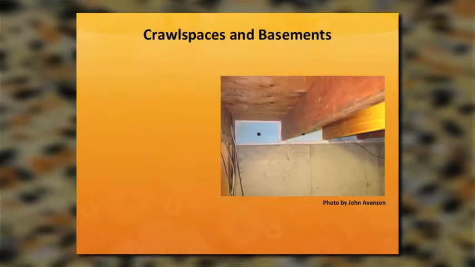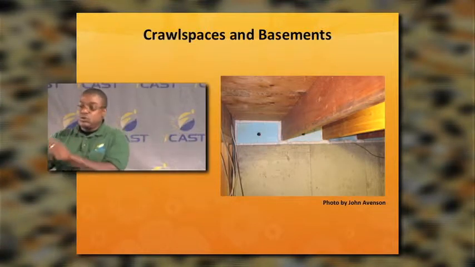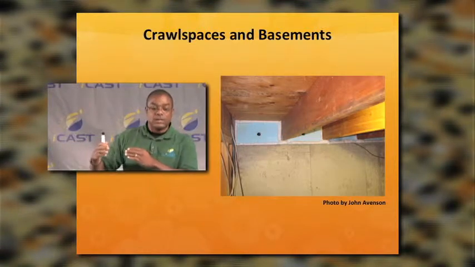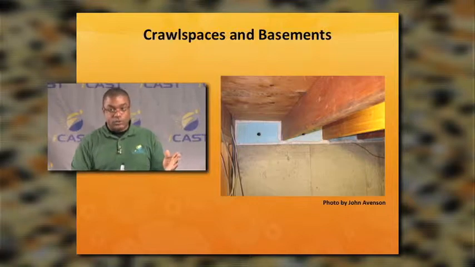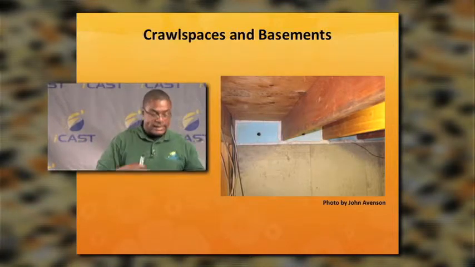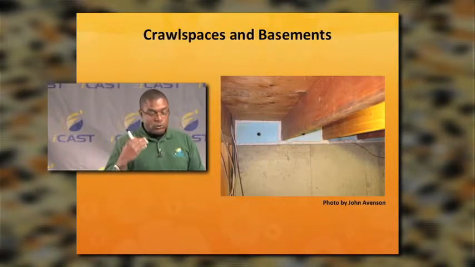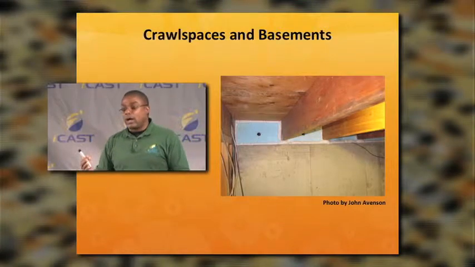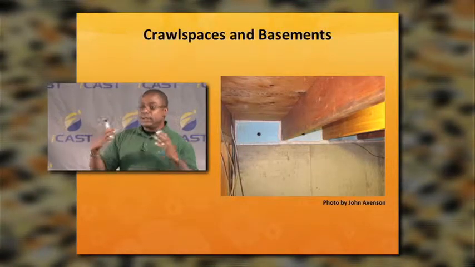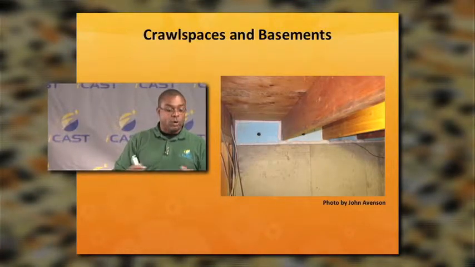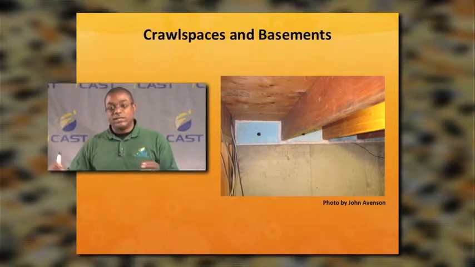So that brings us up to crawl spaces and basements. Building science's view of crawl spaces and basements has changed over the course of years as we begin to understand how we do things. Originally our thought was we put plenty of ventilation in our crawl spaces and basements to keep them dry.